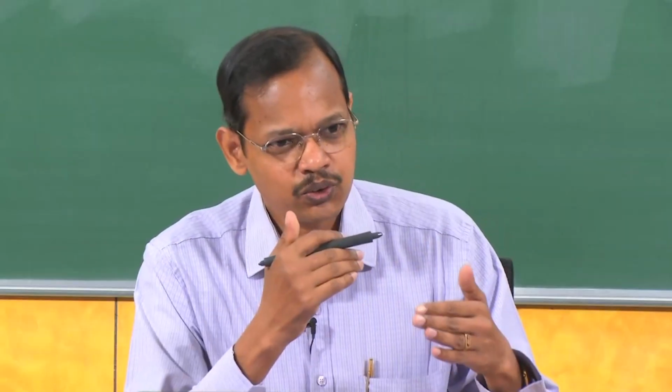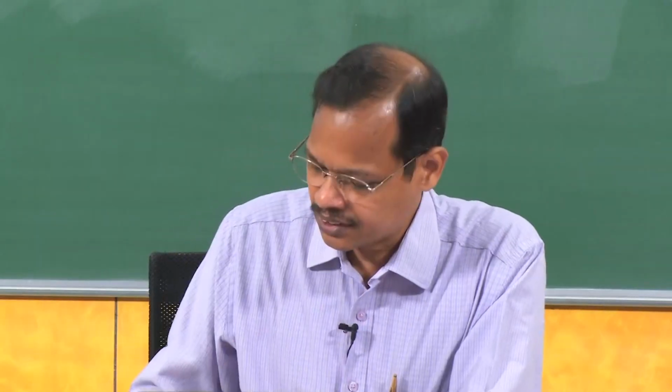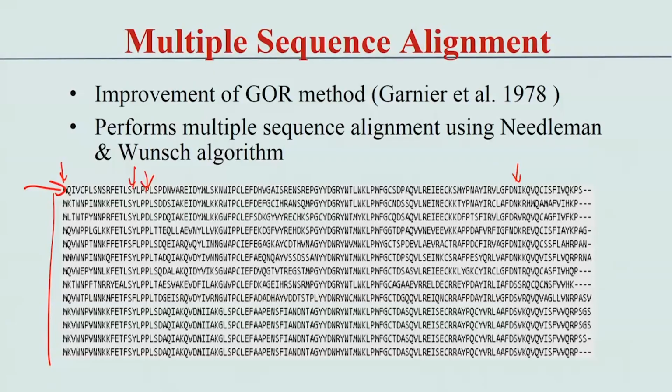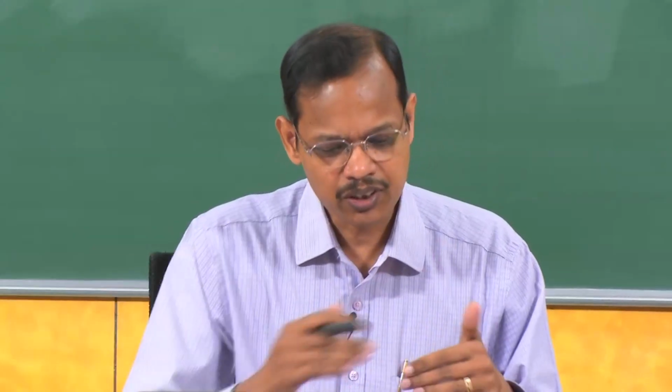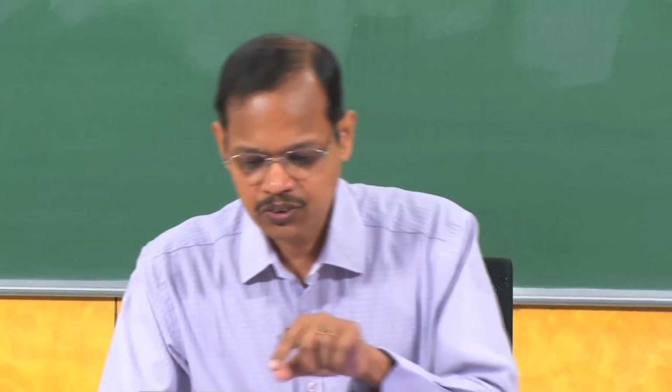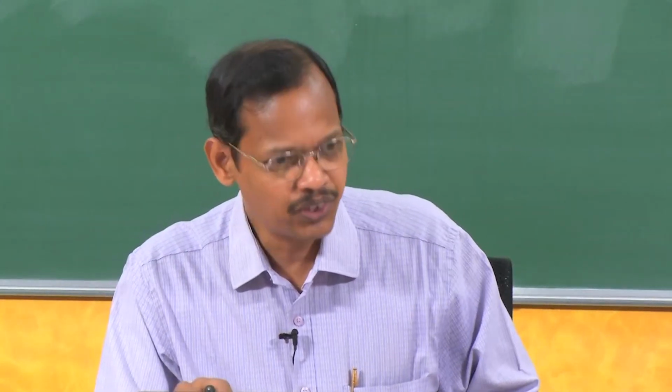Then there is another way to use a multiple sequence alignment for predicting the secondary structures. For example, if we have this multiple sequence alignment, this is unknown, and the others are known. That means you search your own sequence with BLAST against the data set of PDB sequences, sequences with known structure, and if you could do this alignment, the first one is unknown and for all other sequences we know the secondary structures.